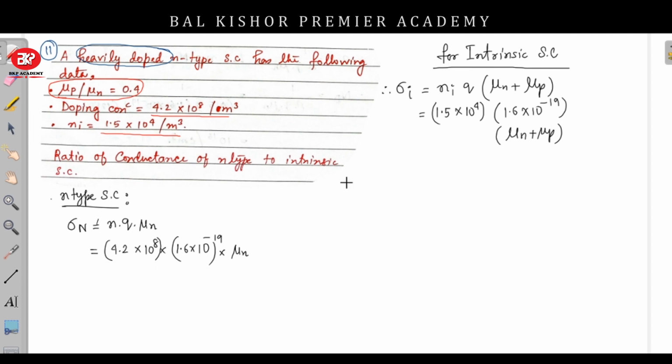Now if I make the ratio, क्या निकला? Ratio of conductance of n-type, so n-type numerator पे रहेगा और sigma I will be at the denominator.